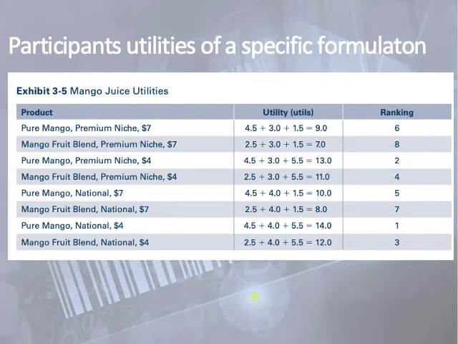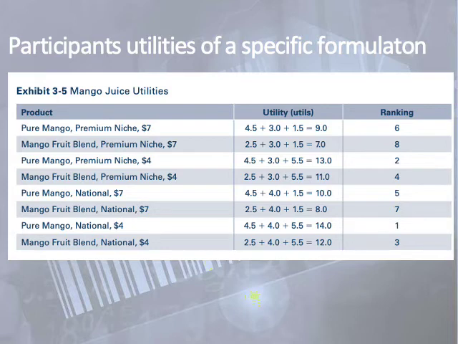Okay, so we are now on the final step of the conjoint analysis method. To find the participant's utility for a specific product formulation, we simply add the part worth utilities associated with the specific attribute levels. The attributes are the ingredients or formulation, whether pure or fruit blend; the brand, whether premium niche or national brand; and the price, whether $7 or $4.